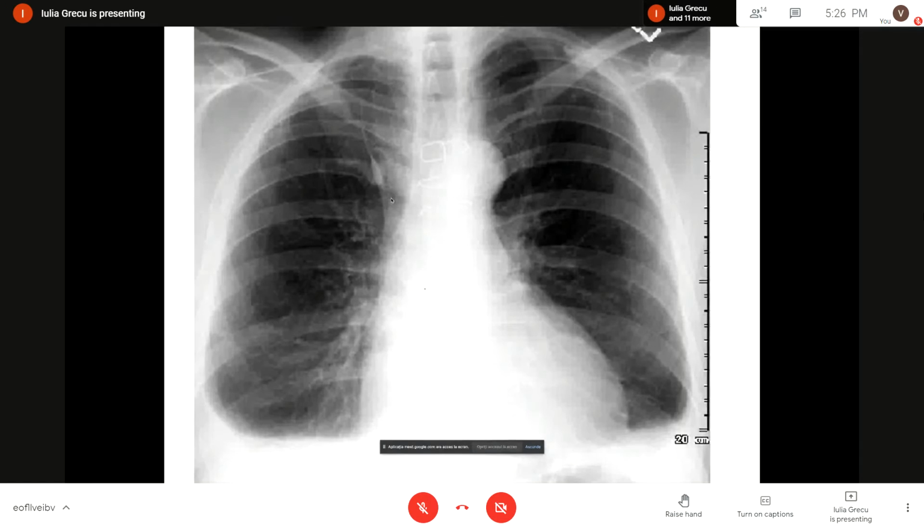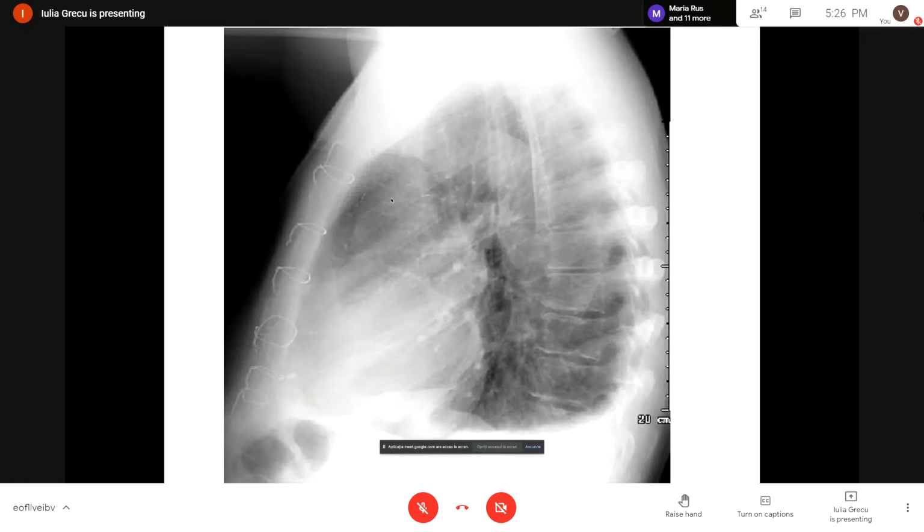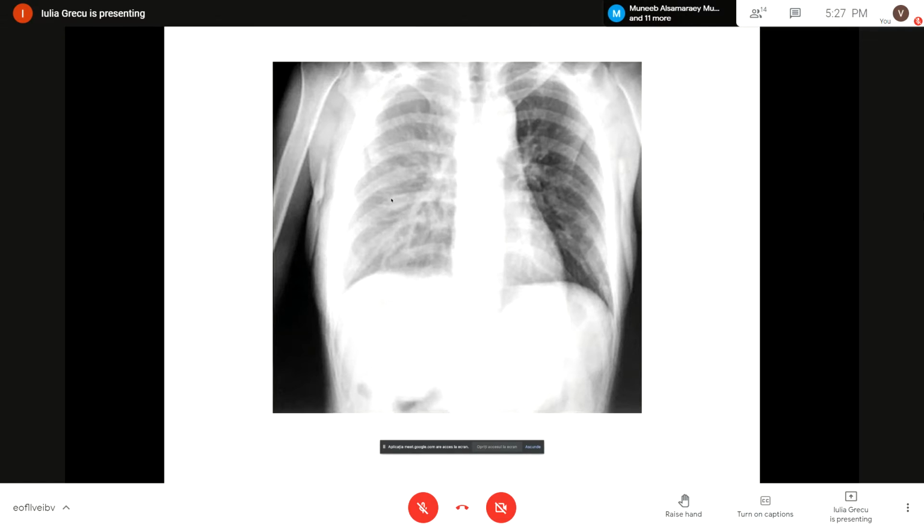Another thing that we have to know about pleural effusions that are free in the chest cavity is that when we lie the patient in a supine position, so lying on his back, the fluid will uniformly diffuse all over the hemithorax.